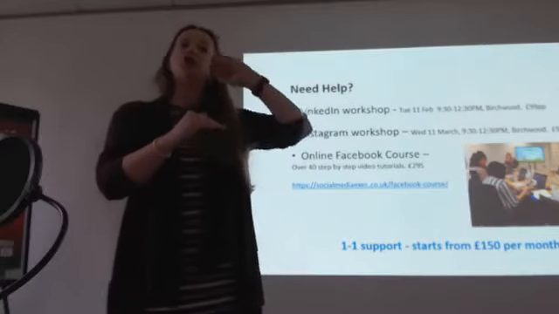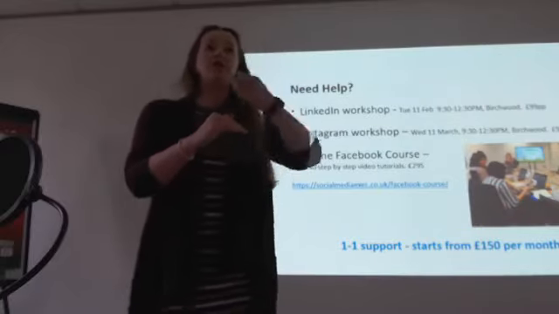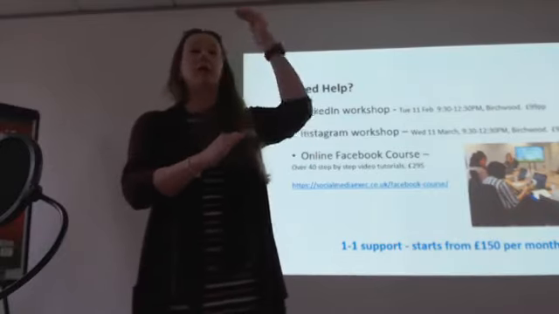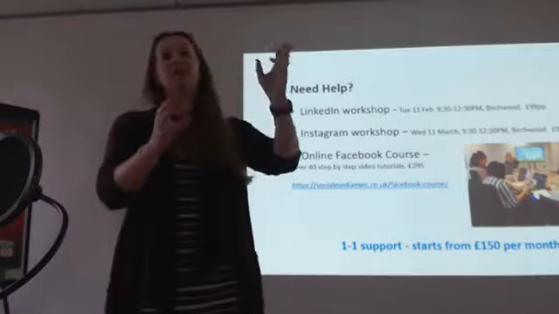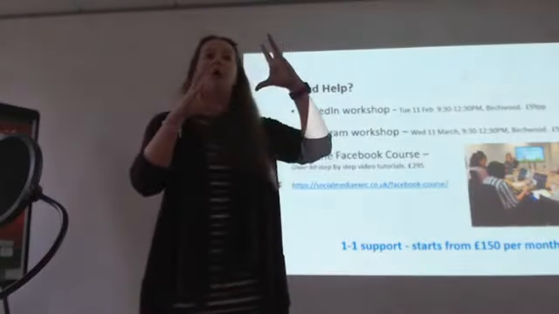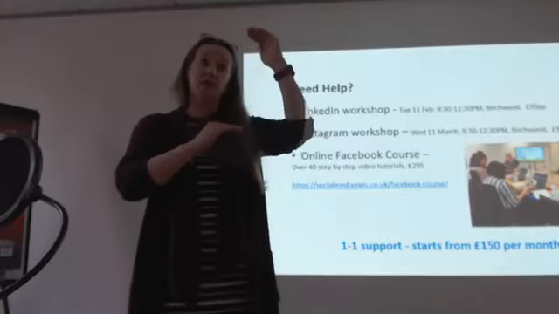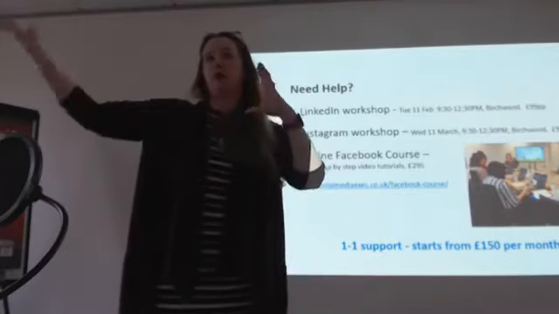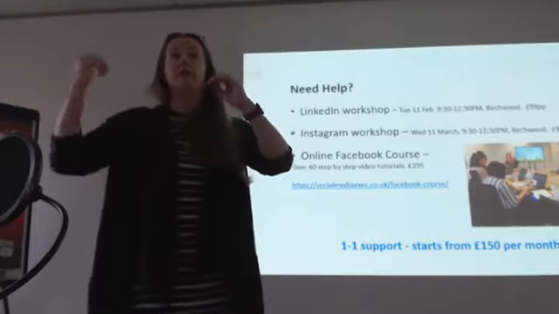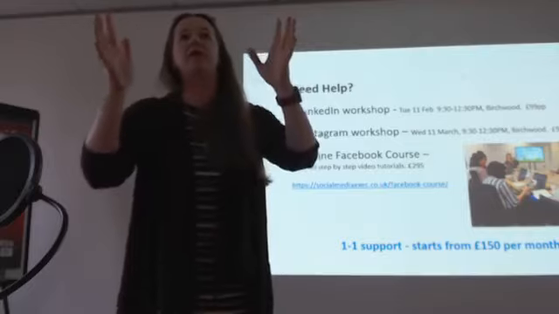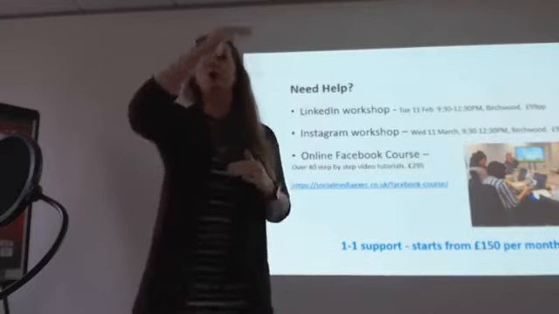It looks for certain things like the quality of your image, if there's text on your image, if there are links in your post, how much text is in your post, if it's got hashtags, what type of keywords are in there, what type of language you're using, and then it goes, right, okay, so you've got 1,000 followers, I'm just going to share that to 2% because of X, Y, Z.